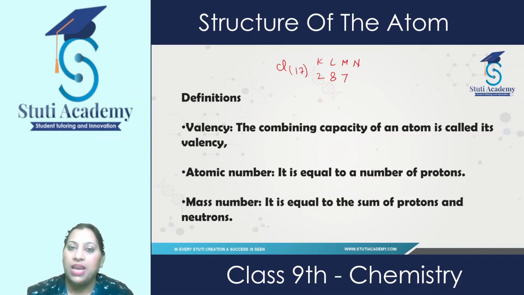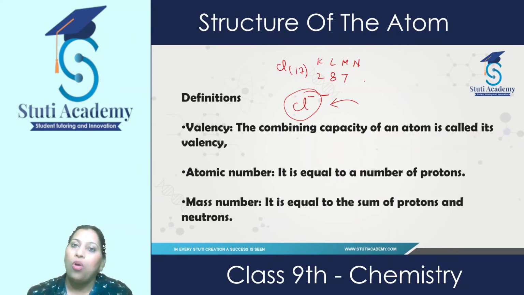To become stable, either it will lose 7 or take 1. We always opt for the lesser number of electrons, so we take 1 electron. It is gaining 1 electron, and if it is gaining, the charge on it is negative. We can write it like this, because only 1 electron is gained by chlorine.